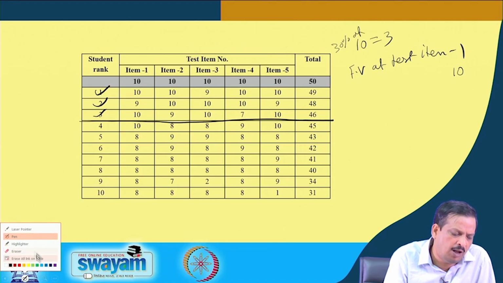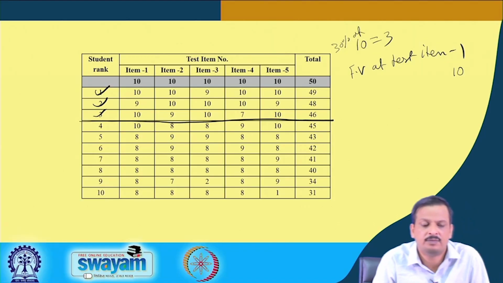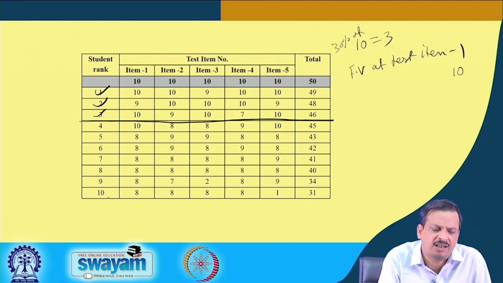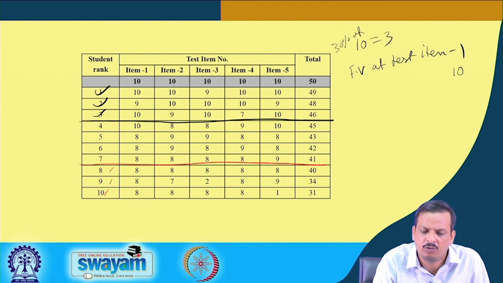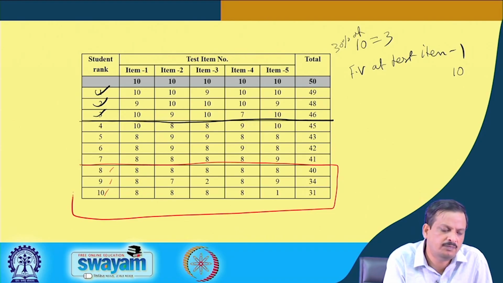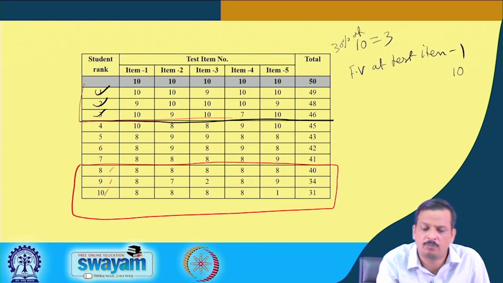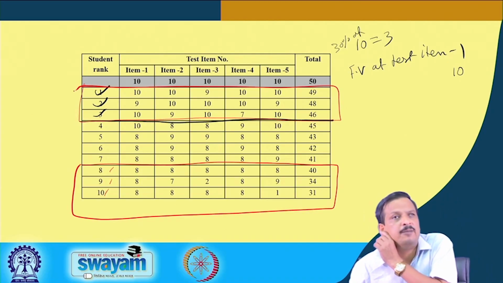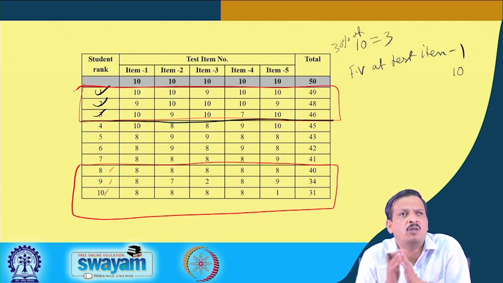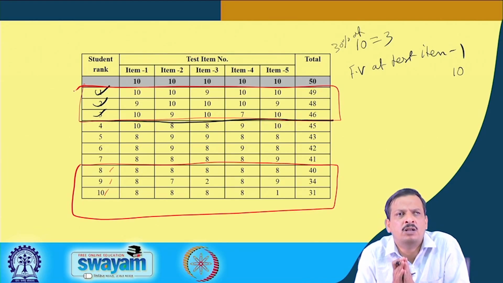Then what are the lower group students? From the last, 3 students, 1, 2, 3. So, these students consist of the lower group. So, this is upper group, this is lower group. Okay, I have done. Now, what is the facilitation value?